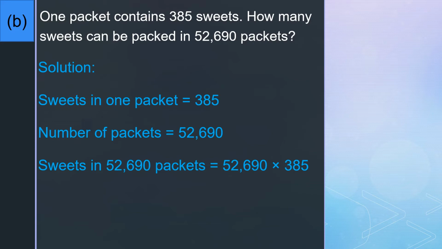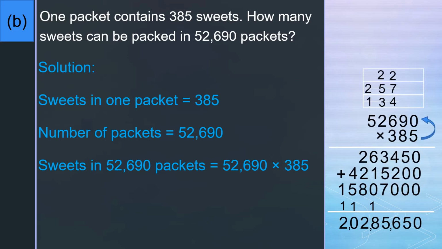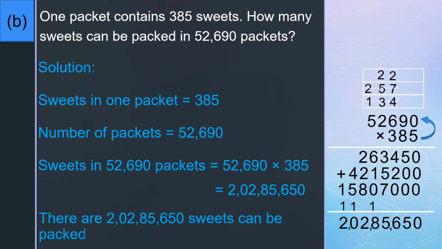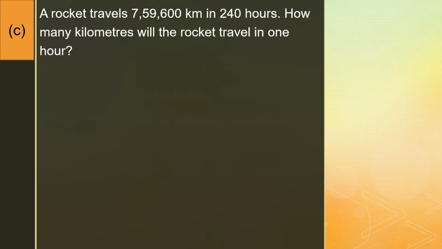But everyone knows the multiplication, so pause the video and do the multiplication on your own and check your answer. So the answer is 2 crore 2,85,650. And the last statement is there are 2 crore 2,85,650 sweets can be packed in 52,690 packets.